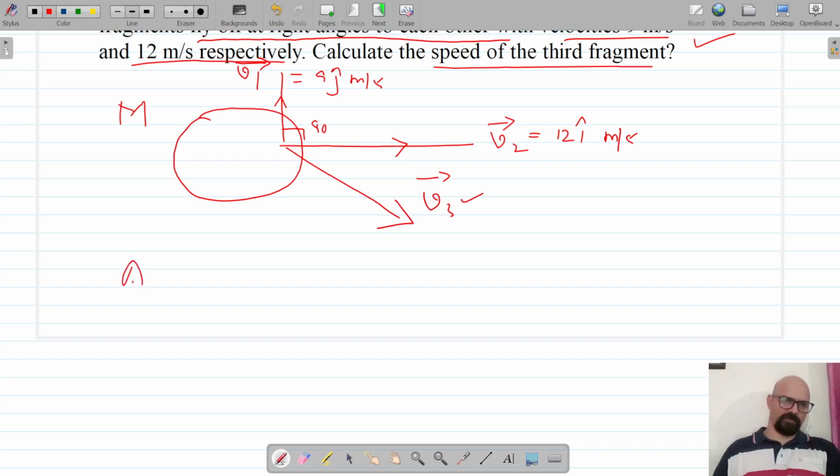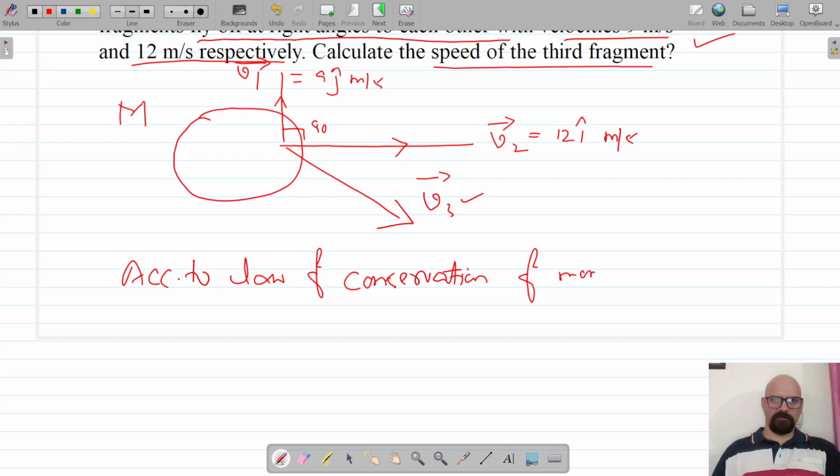So according to the law of conservation of momentum, if momentum is conserved, the initial momentum is zero because the bomb is at rest, and that should be equal to the final momentum.